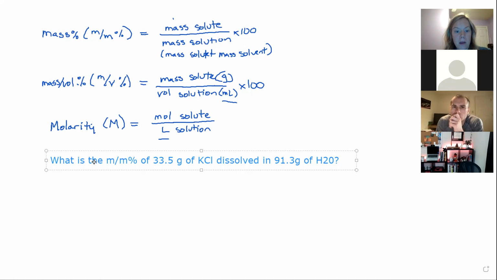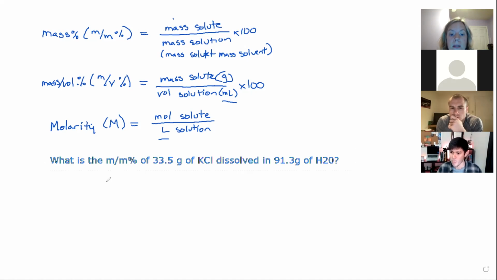Okay, so if it's asking for mass percent, then use the mass percent equation. We're going to use this top one here. Now, my numerator is going to need to be the mass of the solute. So the solute is the solid or what's being dissolved. So that's the KCl. We have 33.5 grams of the KCl. Now, on the bottom, I don't want to put in 91.3 grams solo because that is just the amount of water.